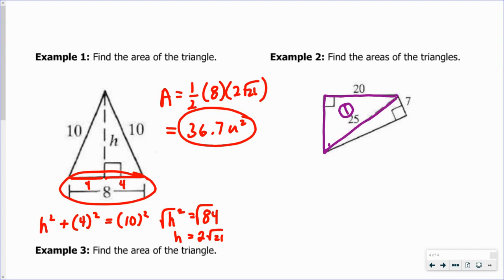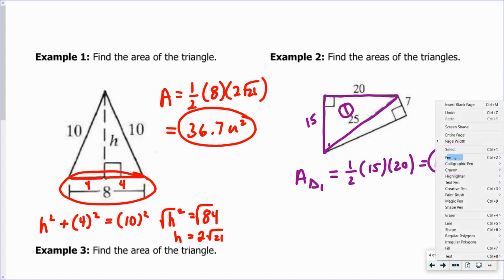That's a Pythagorean triple, so the other leg is going to be 15. So the area of triangle 1 is 1/2 times 15 times 20, which ends up being 150 square units.